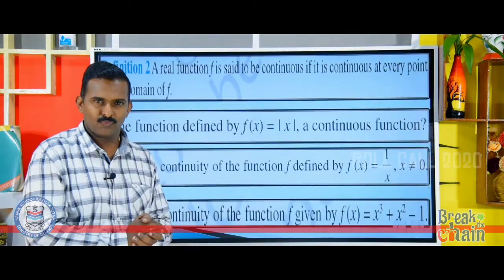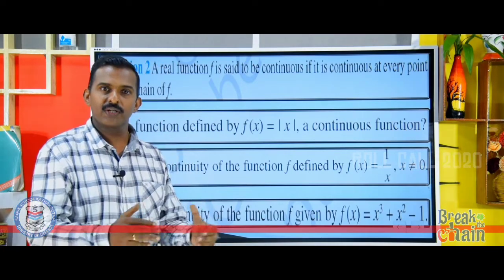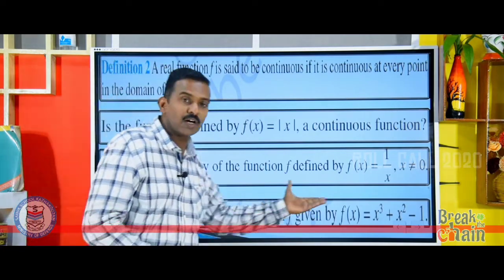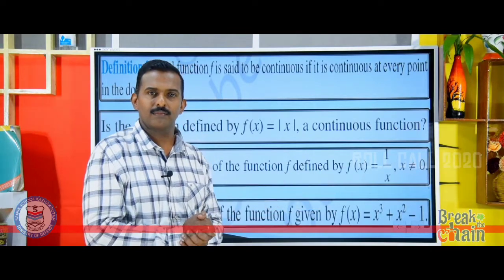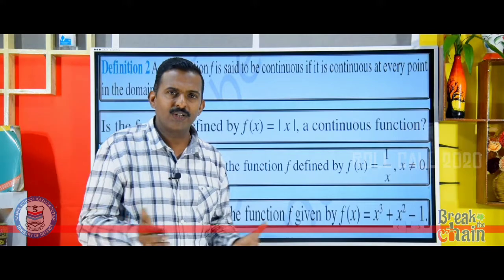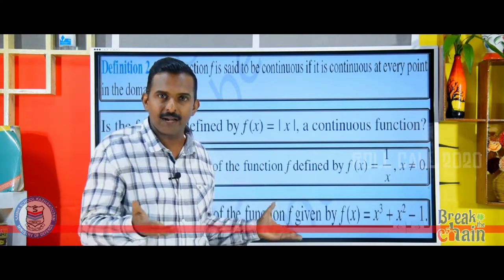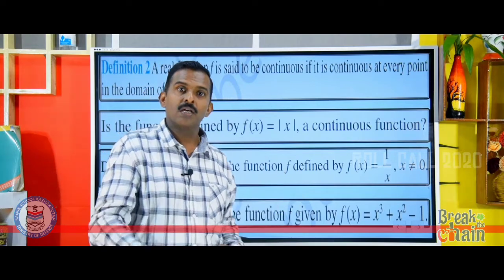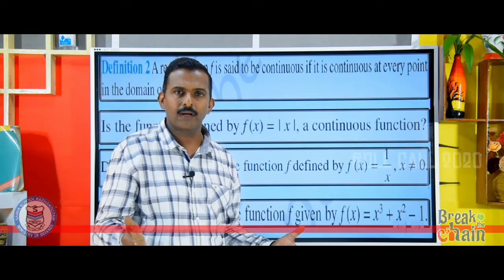Another example, these are questions that are there in the CBSE textbook. Now, discuss the continuity of the function f of x equal to x cube plus x square minus 1. Now, if you discuss the continuity, you take any value c, because the domain of the function is the entire real numbers, and if you are asked to discuss, you should discuss in its entire domain. Therefore, I take c as a real number.